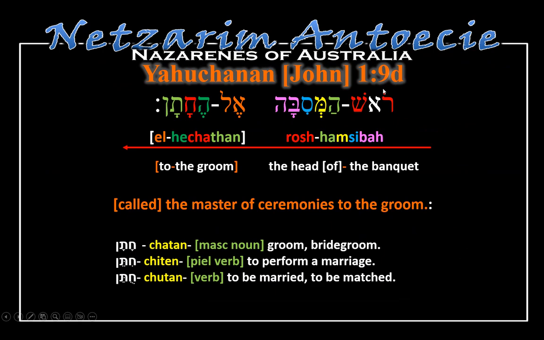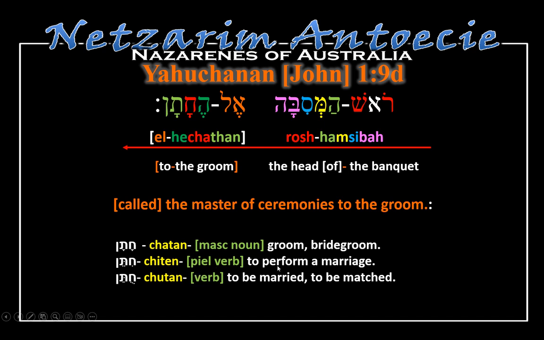So now we have 9d, and we have a resh, aleph, shin, hey, mem, samekh, bet, hey, aleph, lamed, hey, chet, tav, nun sofit. And there's rosh, meaning the head of ha-mesibah, the banquet. El ha-chatan, to the groom. If we remember, chatan is a masculine noun meaning groom or bridegroom.